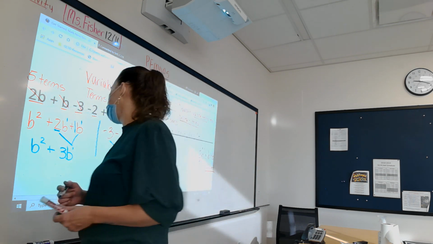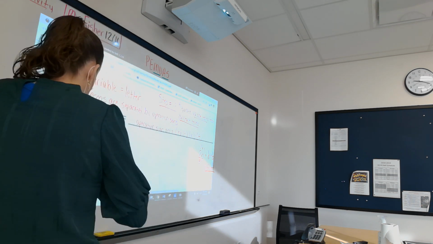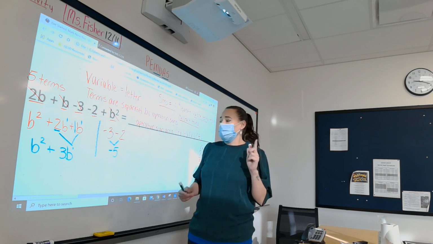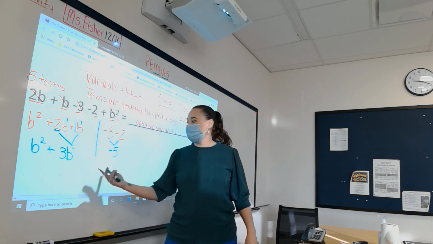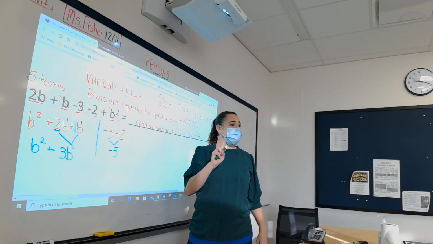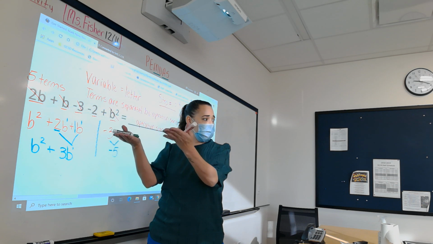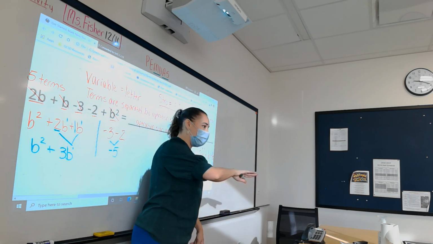Okay, so now we double check for our final step, and we simply make sure that all of our variables are coming first. Okay, the constant is last. The variable to the highest degree or power is first, and then the rest falls in place.